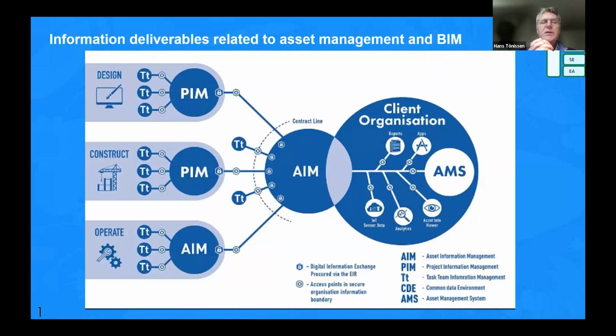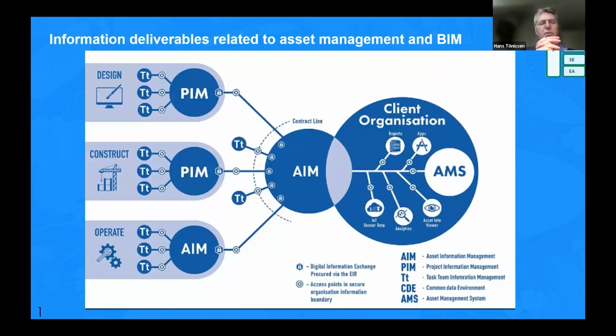This is a picture you often see where there's a relation between asset management and building information modeling, with the more project-based parts on project information management, delivering all kinds of data to an asset management system.